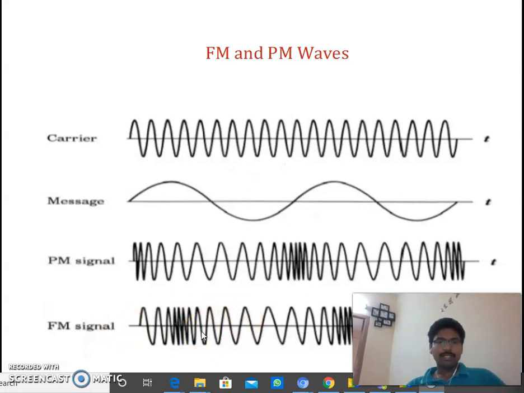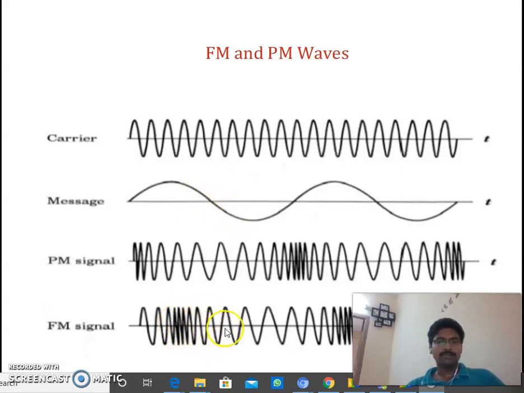The important point here is that the carrier frequency fc is changing in the FM signal according to the amplitude of the message signal, right? That is fc plus something, the change you get at different points here.